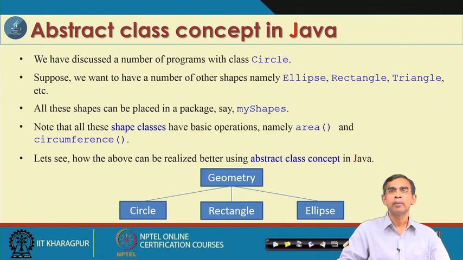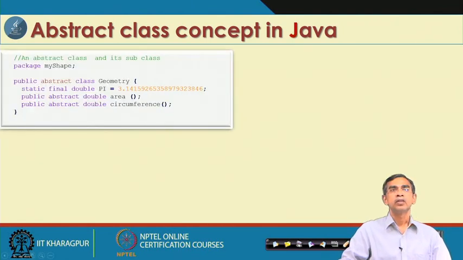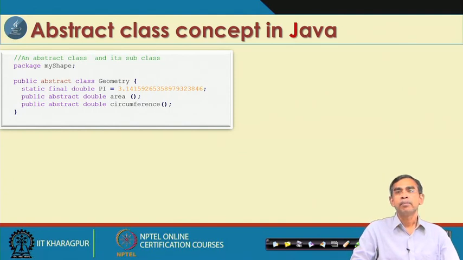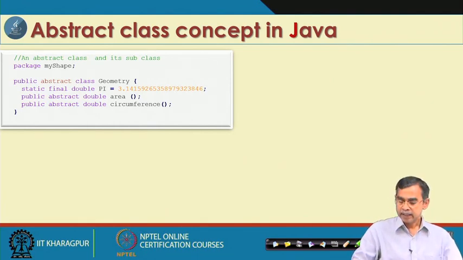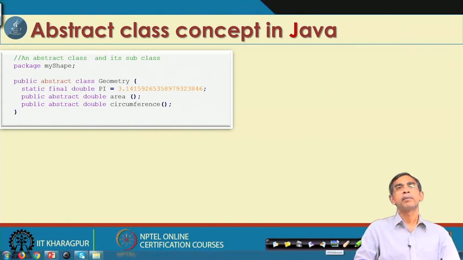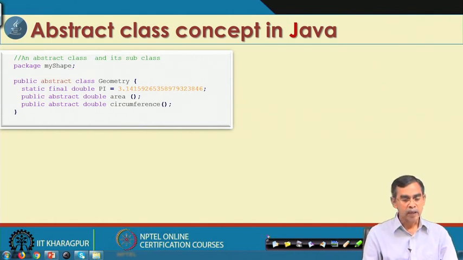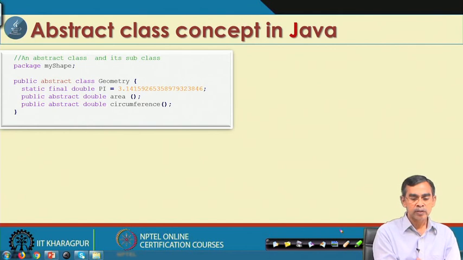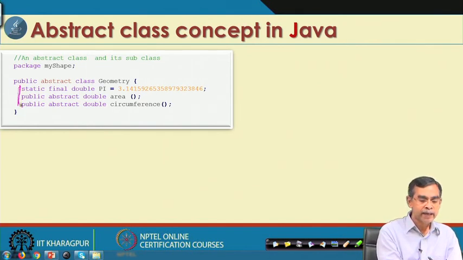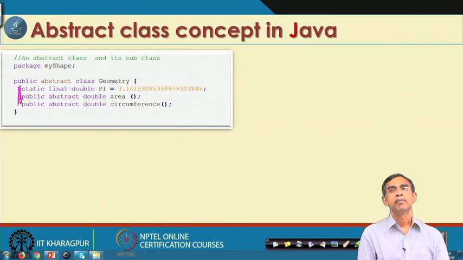Now, let us have a quick look at how such an implementation can be done in Java using the concept of abstract class. Here we can see we built an abstract class, namely class geometry, and we put this class in a package. The name of the package is myshape. Under this package, this abstract class is defined by 3 members.